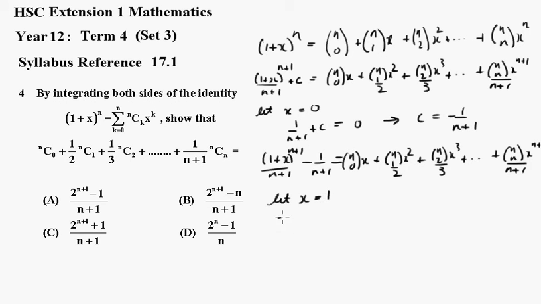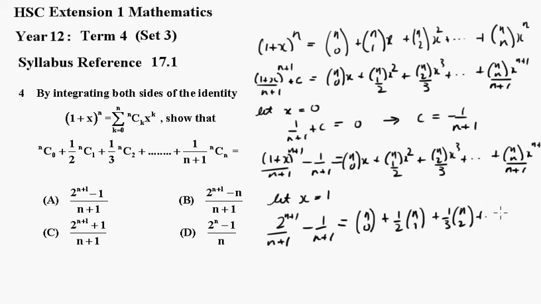So this becomes 2 to the n plus 1 over n plus 1 minus 1 over n plus 1 equals, all the x's go out, but this remains, plus it becomes a half nC1 plus a third nC2 all the way up to 1 over n plus 1 nCn, and of course that's all this side here, so this must equal this, which is 2^(n+1) minus 1 all over n plus 1, and that is A.